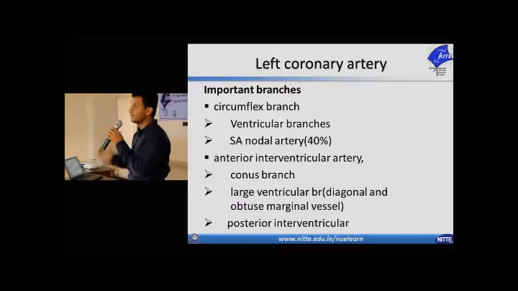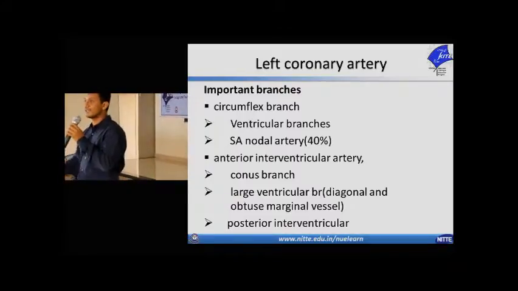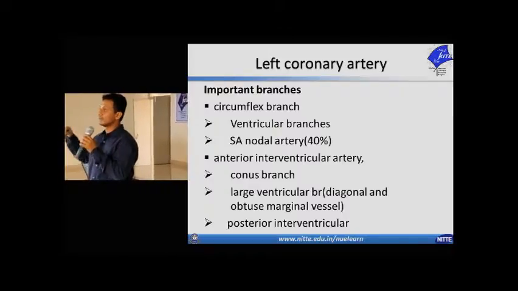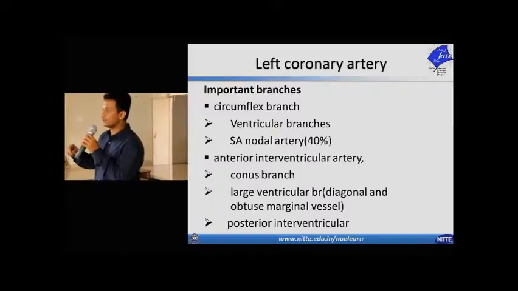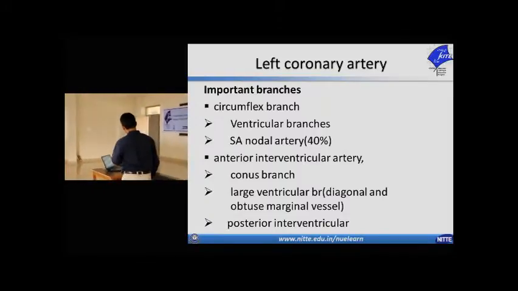Left coronary artery. So what is the origin? The left coronary artery arises from the left coronary sinus. It runs in the left AV groove and it arises posterior to the pulmonary trunk.